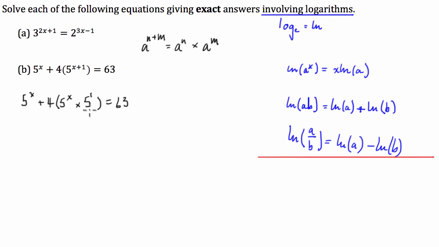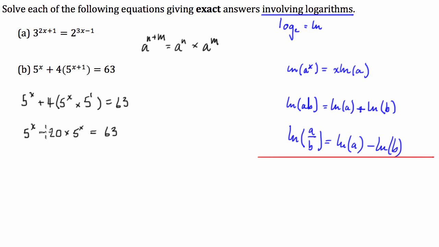We're then going to multiply the 4 into the bracket. So we're going to have 5^x plus 20 times 5^x equals 63. Now, in this question, I'm pretty sure that logs aren't going to come in until right at the end. Why have I got an equal sign there?